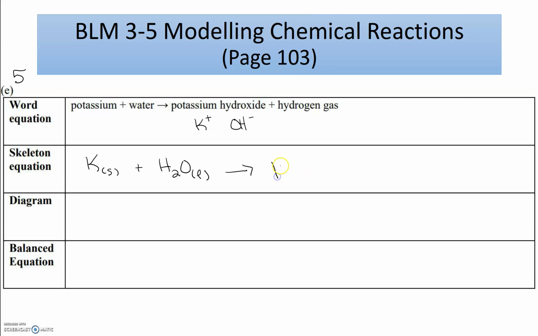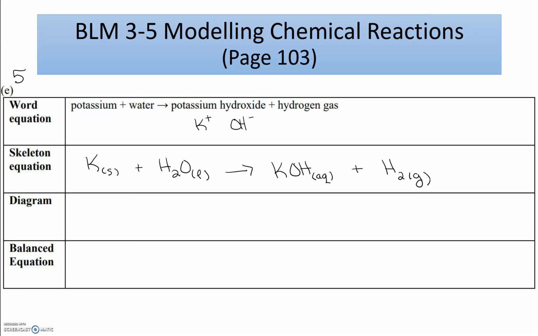And so my neutral compound from crisscross is KOH, 1 potassium ion, 1 hydroxide ion. And I'm making the state aqueous because I've got water there. It's taking place in water. And then we've got hydrogen gas, where hydrogen is one of those diatomic elements where it comes in pairs.